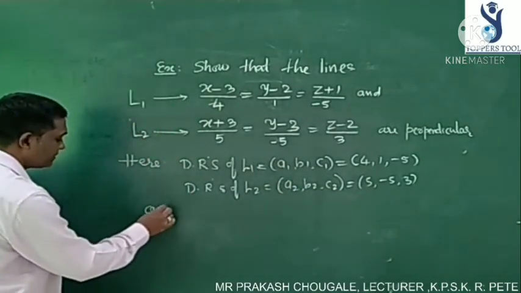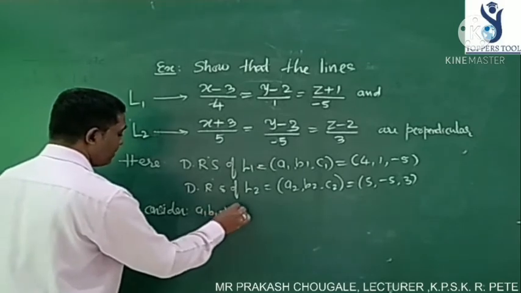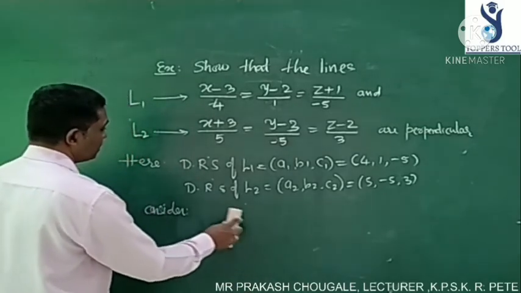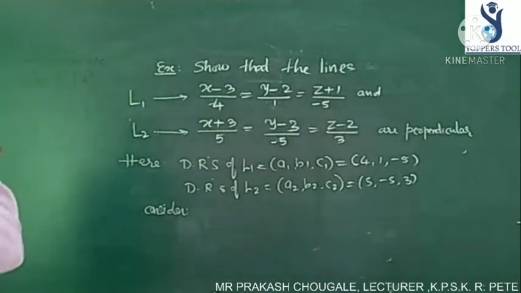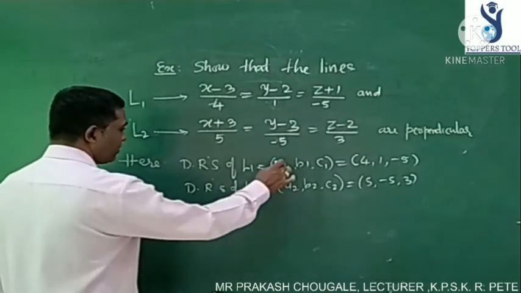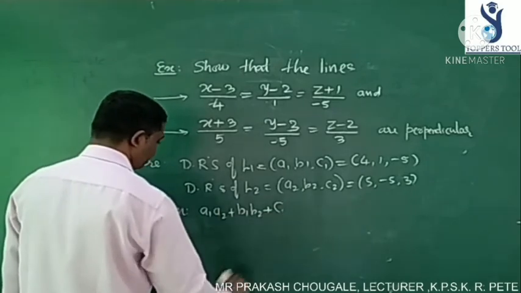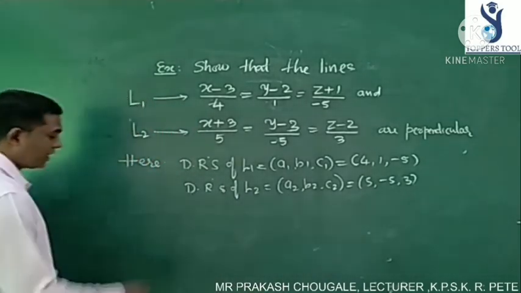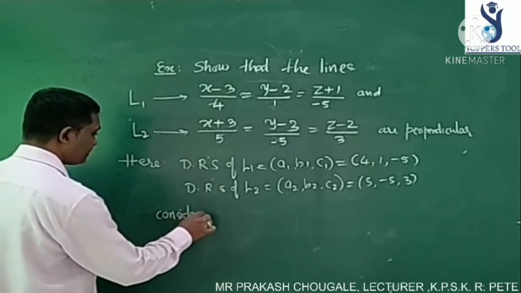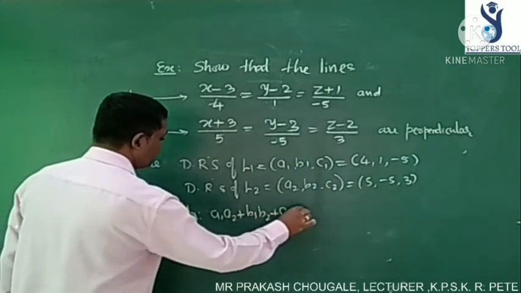So directly you can write A1, B1, C1, A2, B2, C2. So now you have to consider the sum of the products A1 A2, B1 B2, C1 C2.